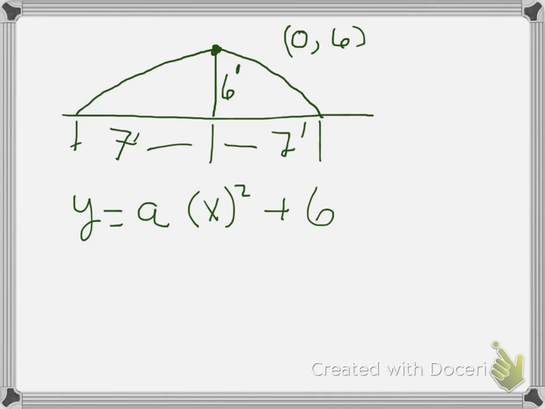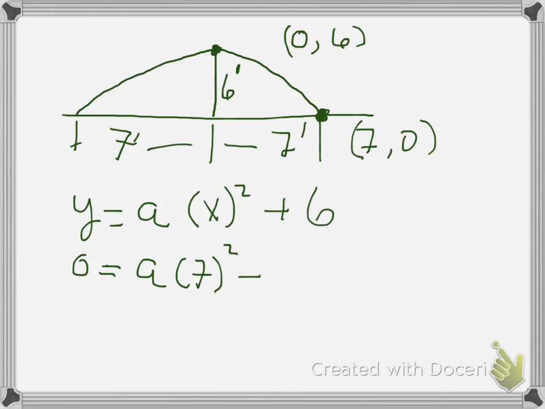And then what I would probably do is I would say that this was the point (7, 0). Fill that in: 0 equals a times 7 squared plus 6. Solve for a. I'm going to get negative 6 over 49 equals a.